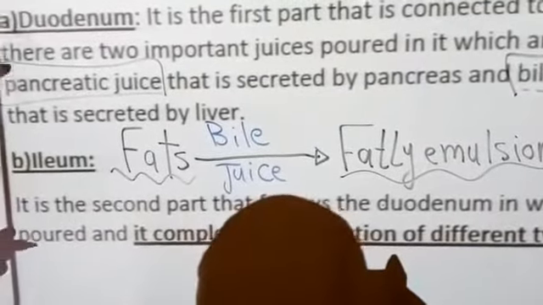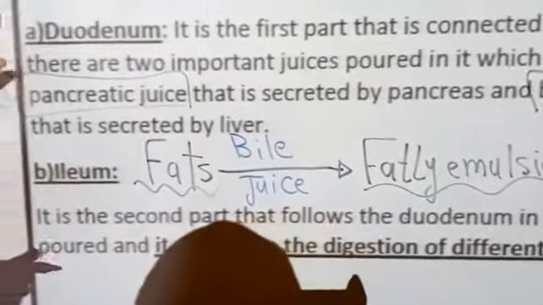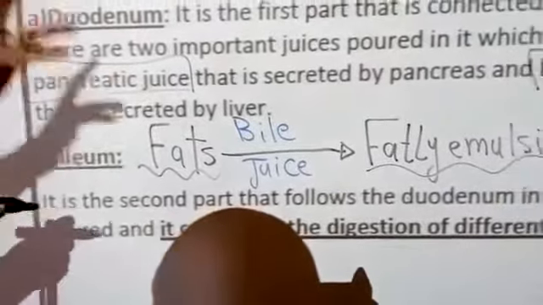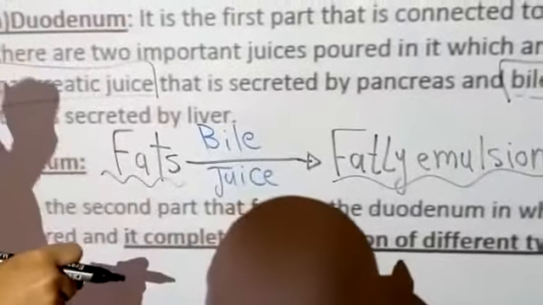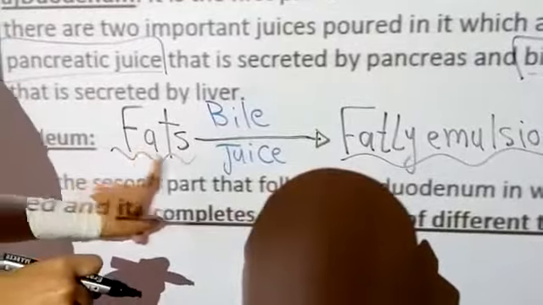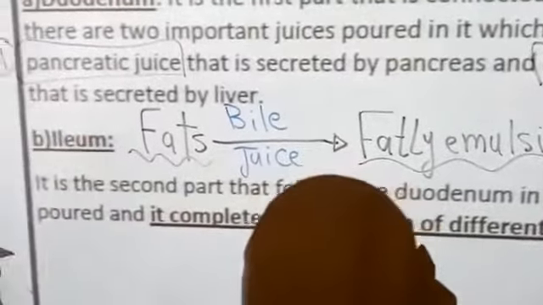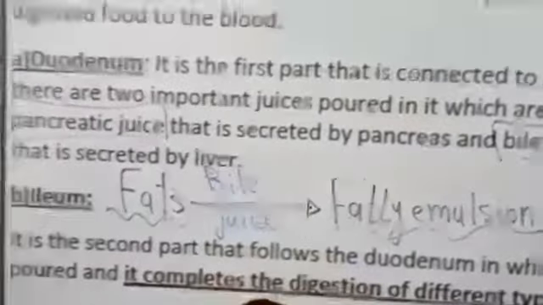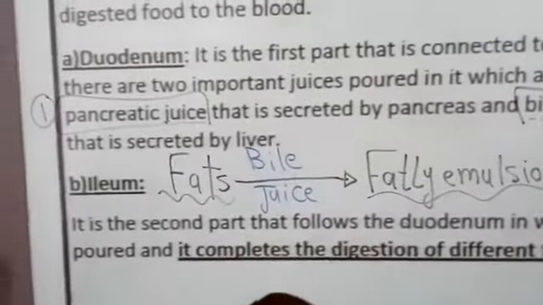So in the duodenum we have 2 important juices. Bile juice secreted by the liver changes fats into fatty emulsion. Pancreatic juice from the pancreas completes the digestion of food.